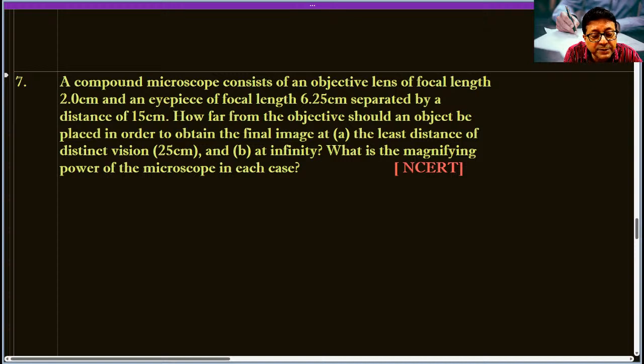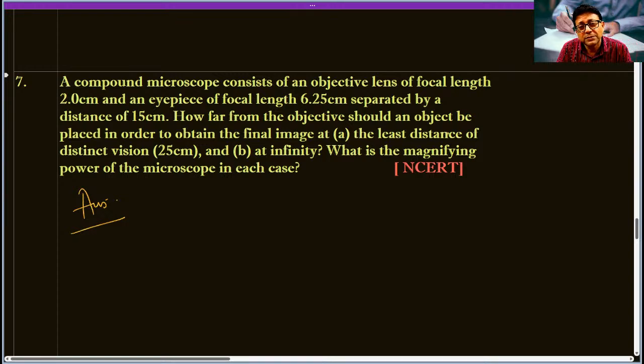How far from the objective should an object be placed to obtain a final image at the least distance of distinct vision? What is the magnifying power of the microscope in each case? Very, very important question here, and good to clear your doubts yourselves. Okay? So let us start.